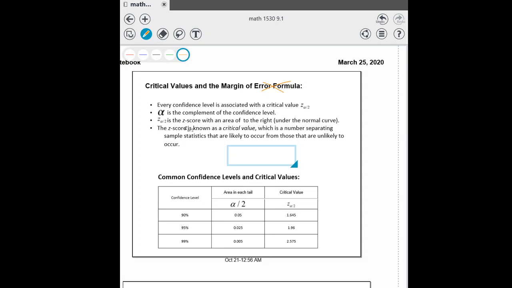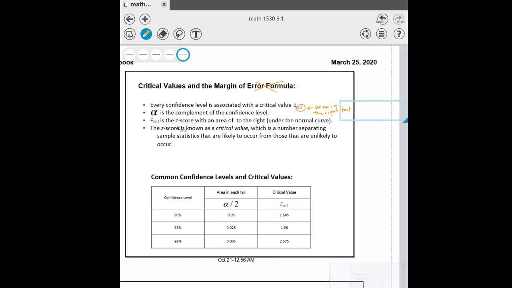Your alpha is your area to the right. Or in this case, our alpha over 2, this is the area in the right tail of that normal curve. And we know it's a normal curve because Z means standard normal. That still means standard normal in this section.